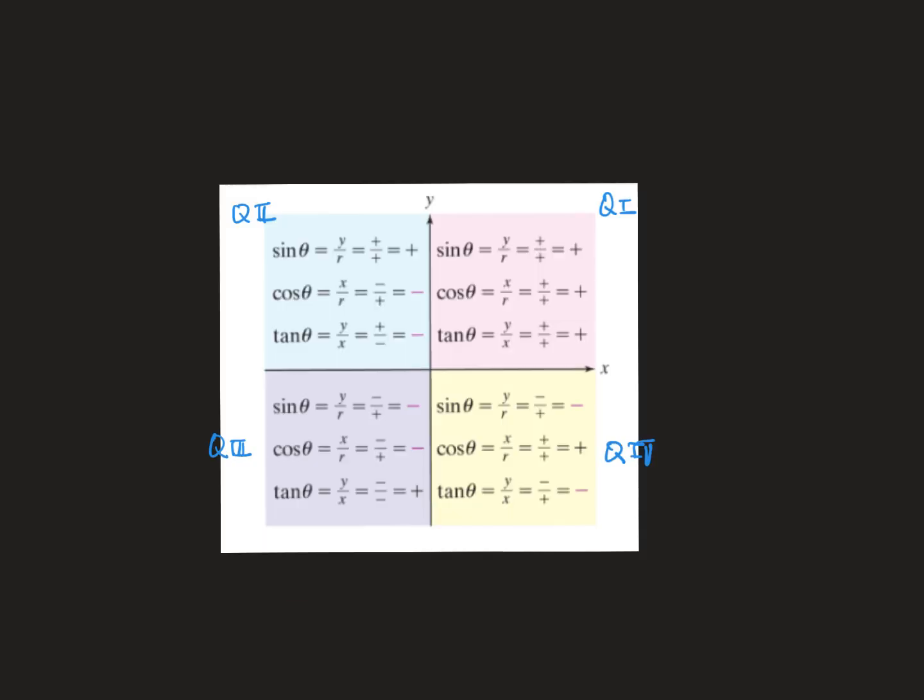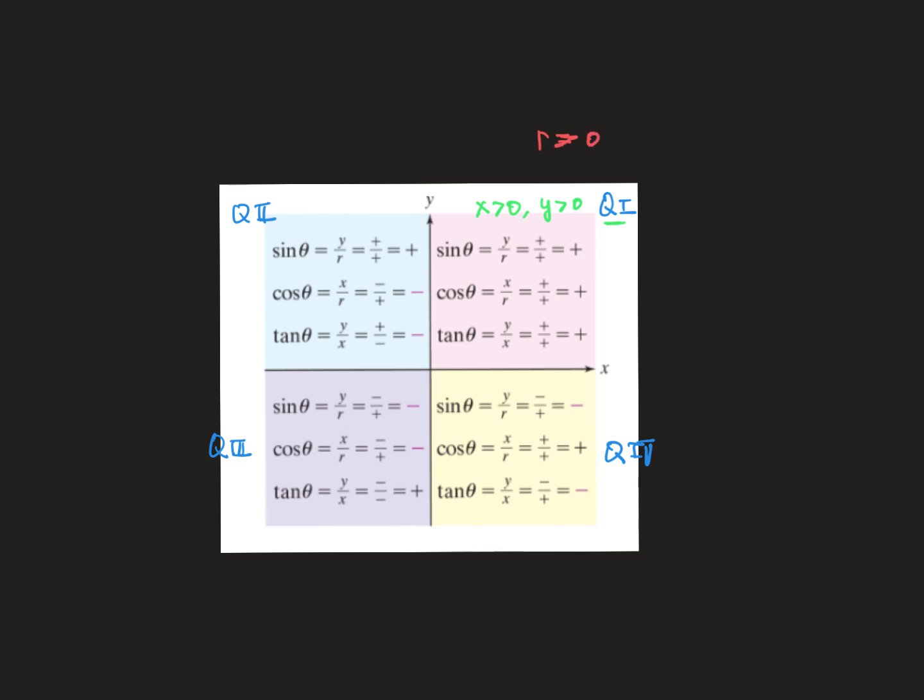Important information about trigonometric functions of any angle, guys. We're going to decide the sign of the trigonometric functions. Let's go quadrant 1 and quadrant 3; you check out quadrant 2 and 4. Quadrant 1: the x value is positive, the y value is positive. Another important thing is r is the distance between 0 and the point, so it's always positive.